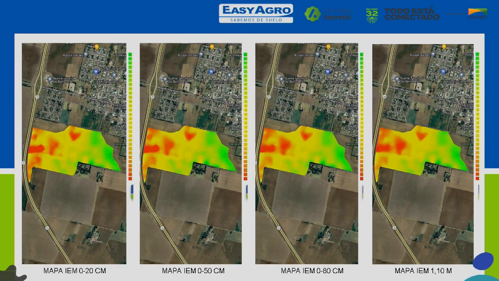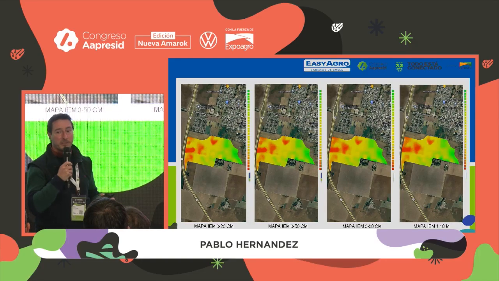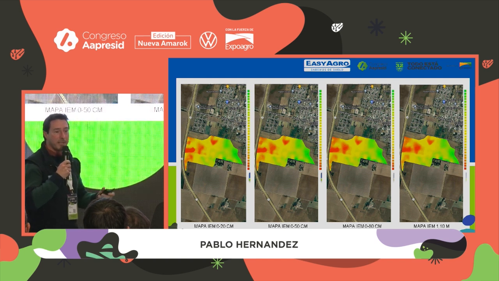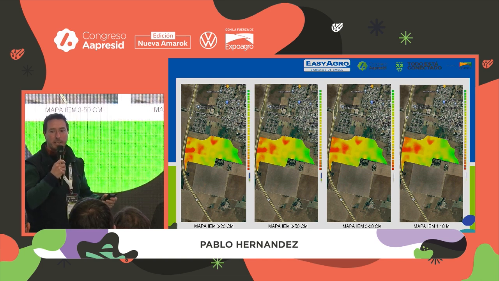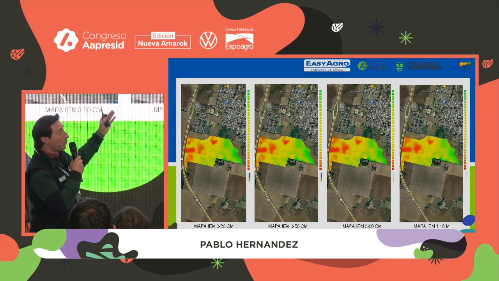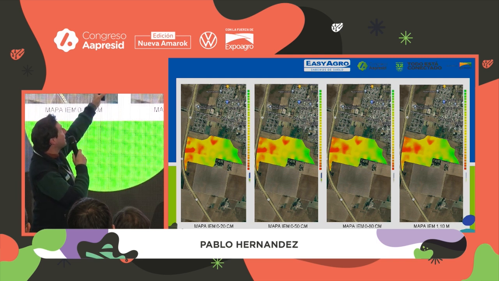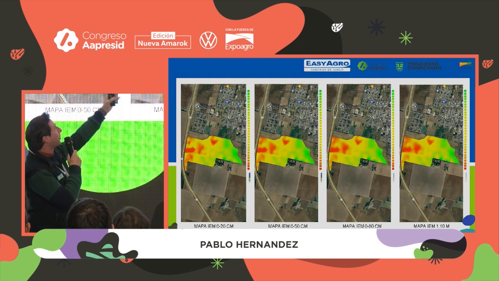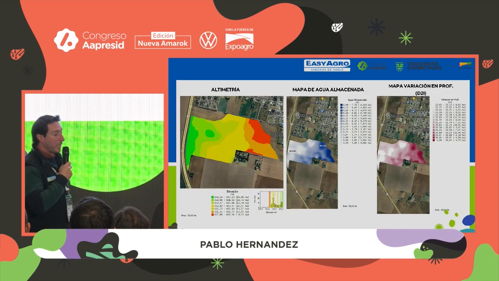So we can see it's pretty similar from 20 centimeters to 110 centimeters, but we can see the differences in potential when it has to do with the altimetry, water storage, organic matter, and these factors determine that if we fertilize it all the same and plant it all the same, you can see that the red and yellow has a different production potential than the green side.